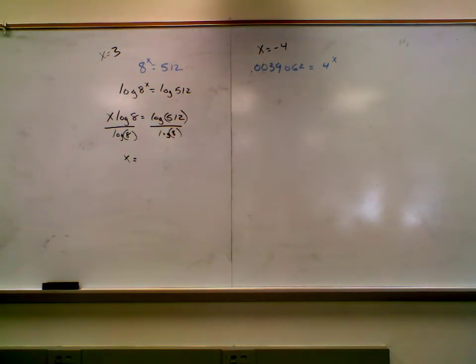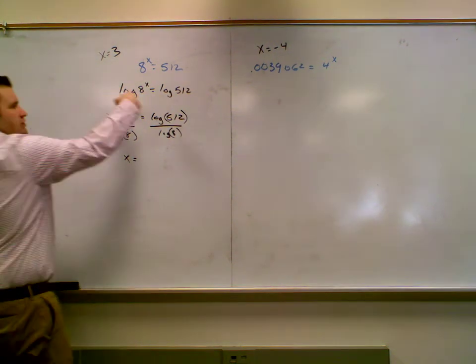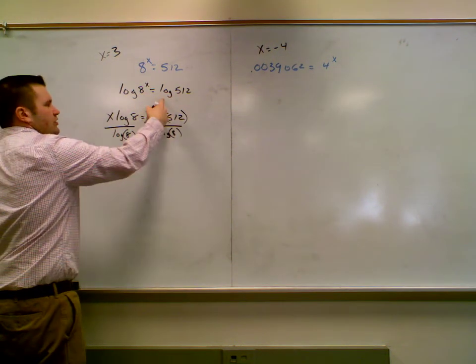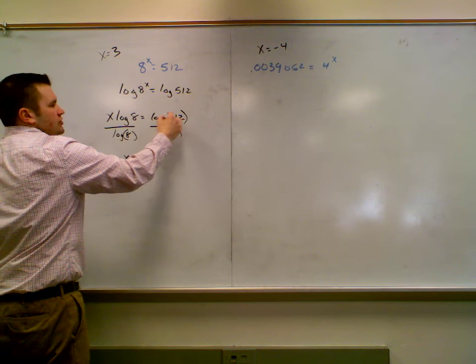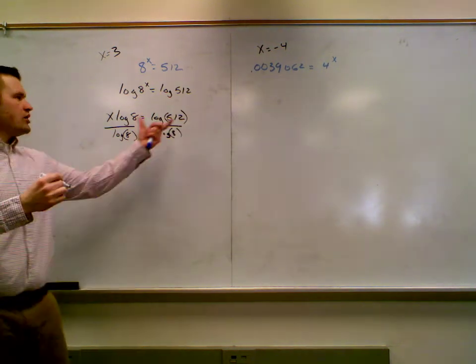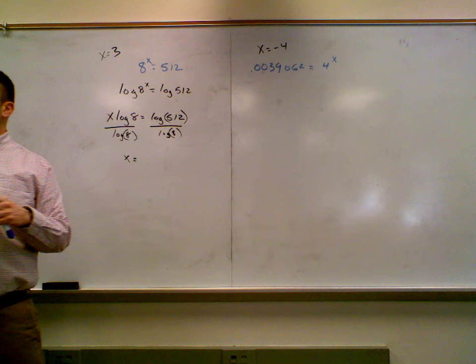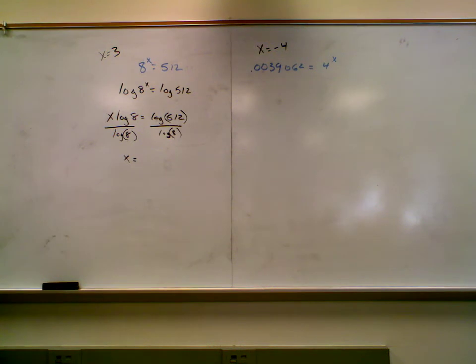So log 512, the first number in parentheses. X log 8. I didn't put in parentheses because you don't have to in here. The reason I put parentheses in here is to make sure you know that when you're typing your calculator, to close the parentheses. Okay? If you don't close the parentheses, you won't get the correct answer.